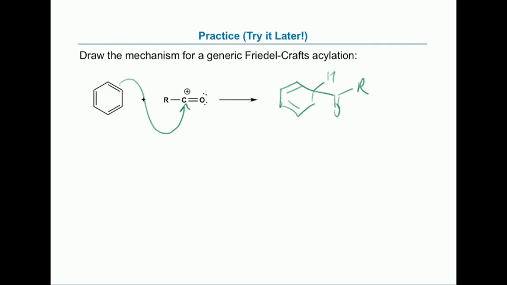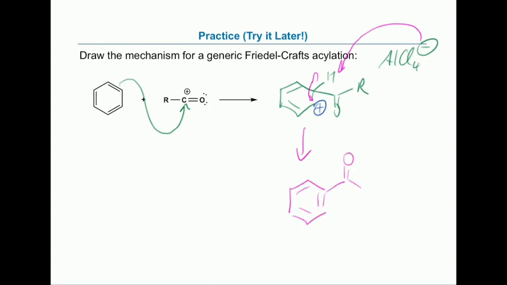So it adds my acyl group on to give you your carbocation, where once again your aluminum tetrachloride anion is going to be your base to return your proton. And it gives you HCl and aluminum trichloride.